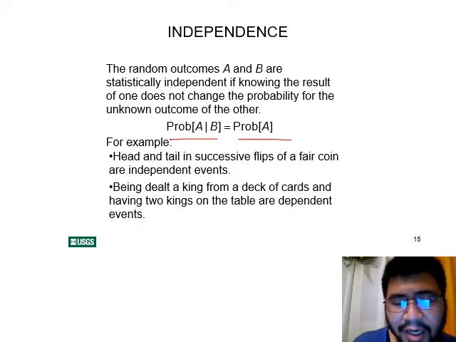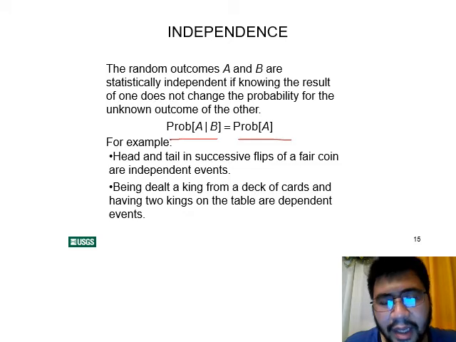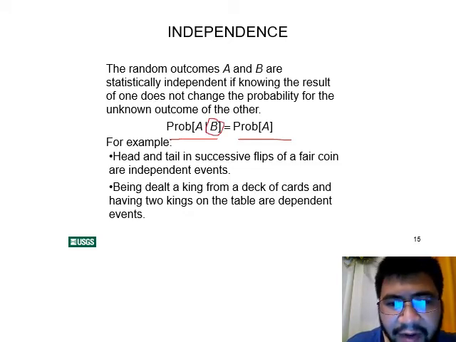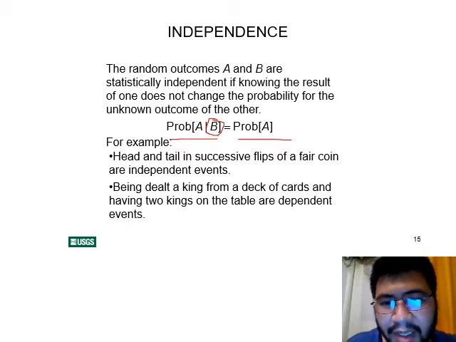And you can see here that the two basically have the same probability values. So the occurrence of event B did not affect the probability of event A. Okay, so that simply means that A and B here are independent.